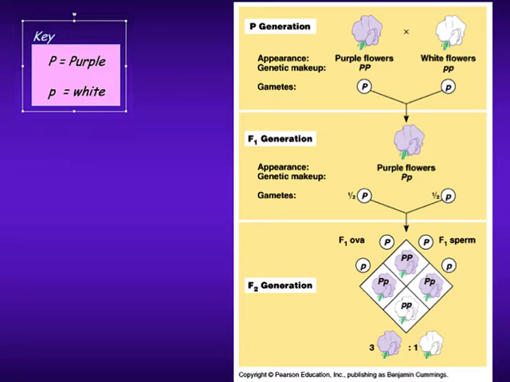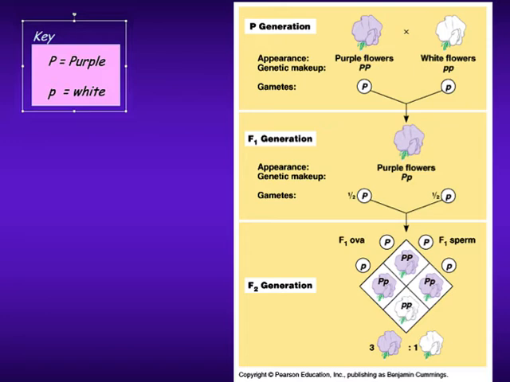And so using the Punnett square, we see that we get one individual in the top square with two dominant genes. We get two in the second tier down that have a dominant gene and a recessive gene. This condition is called heterozygous. And then in the bottom square, we have a homozygous recessive.